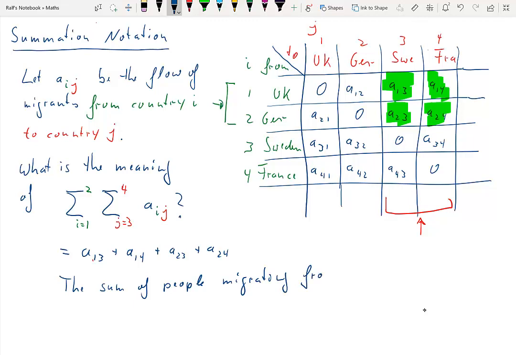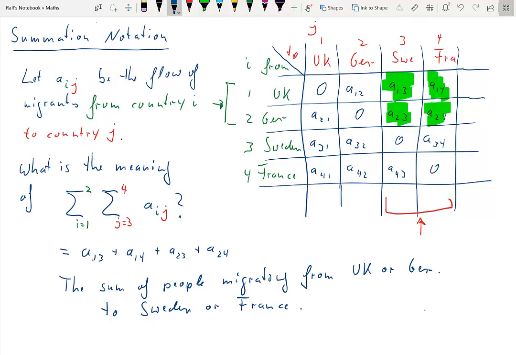So that's the from countries, the 2 from countries you identified. So the sum of people migrating from the UK or Germany to Sweden or France. So it's a particular subset of migration, and it's the summation sign which sort of points out which particular type.